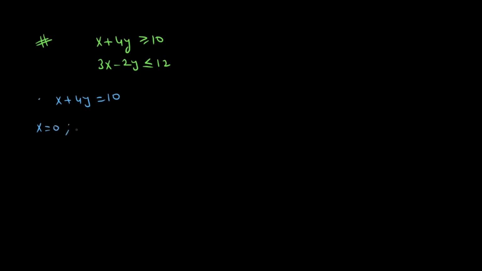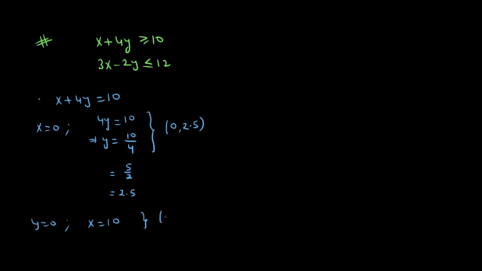If x is equal to 0, then 4y is equal to 10, which means that y is 10 over 4. 10 over 4 is nothing but 5 over 2, and 5 over 2 is nothing but 2.5. So one of the points is 0 comma 2.5. And if y is equal to 0, then x will be equal to 10, which means that 10 comma 0 is another point.